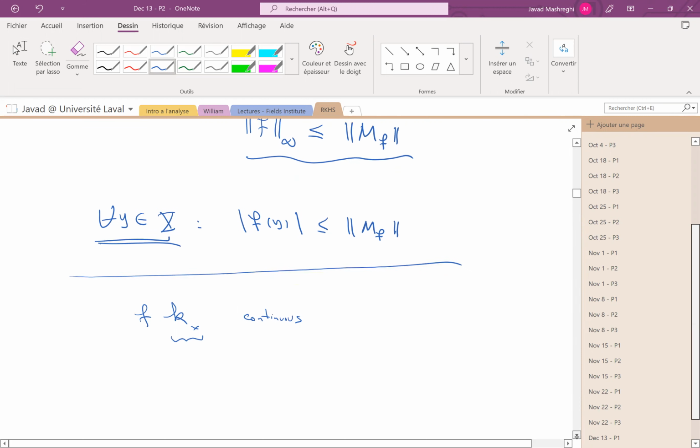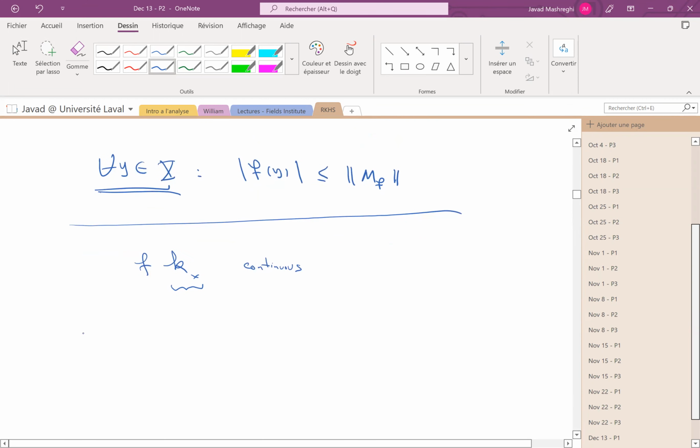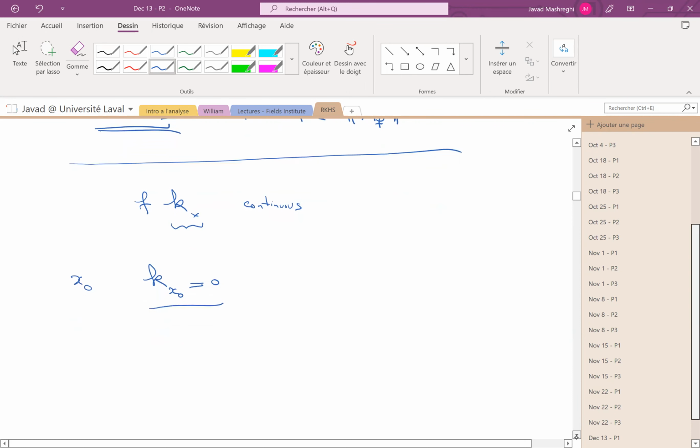However, if your space is such that at a point x0, k_x0 is equal to 0, then you cannot say so. Why? Because consider any multiplier.